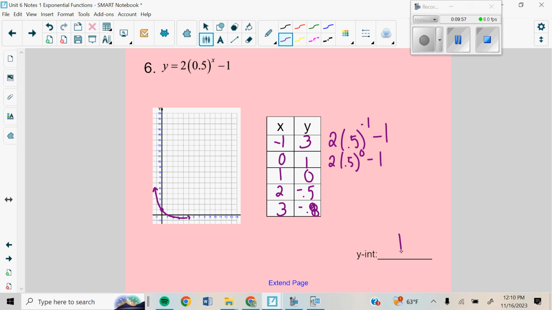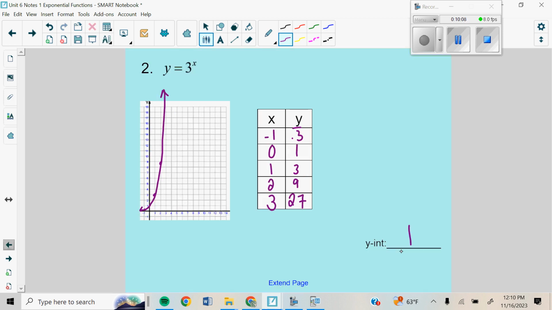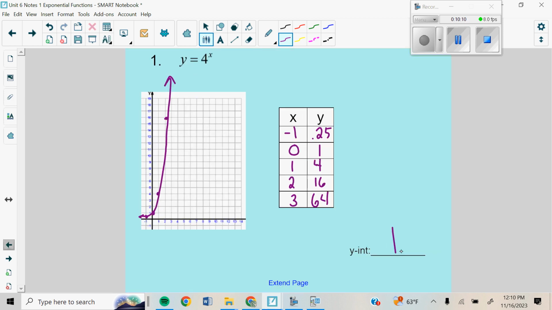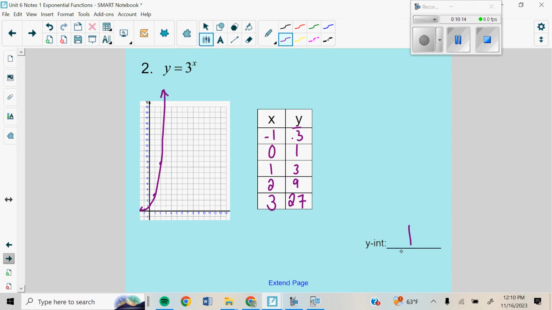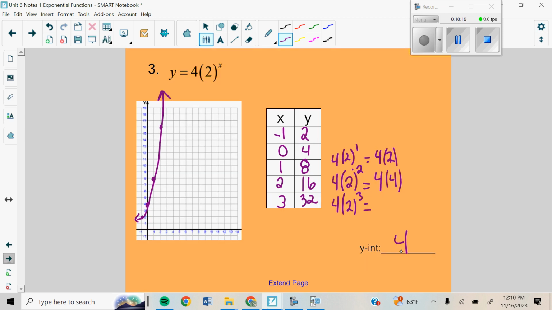All right, so the y-intercept has to deal with what is being multiplied and added or subtracted. So if we go back, we look at ones that were just a to the x, our y-intercept is 1 for both of those. But when we start to multiply something, that is moving that y-intercept up. So like we multiplied by 4, so my y-intercept was up at 4.